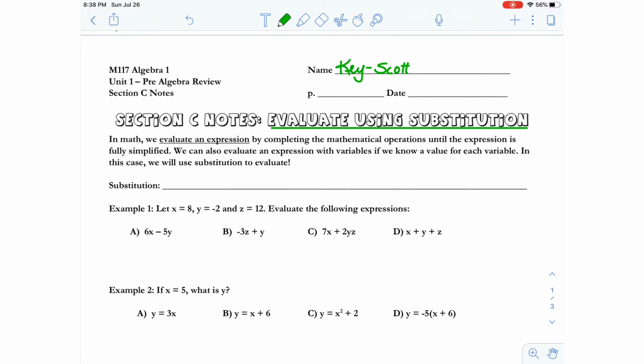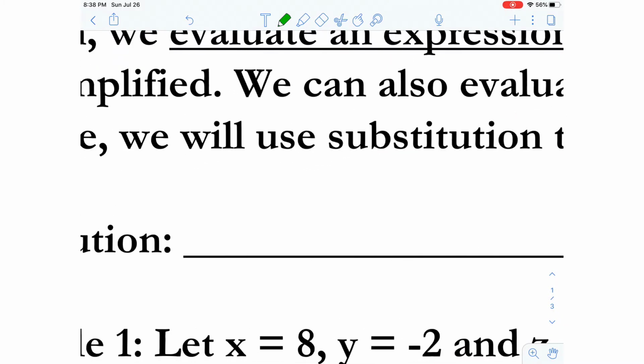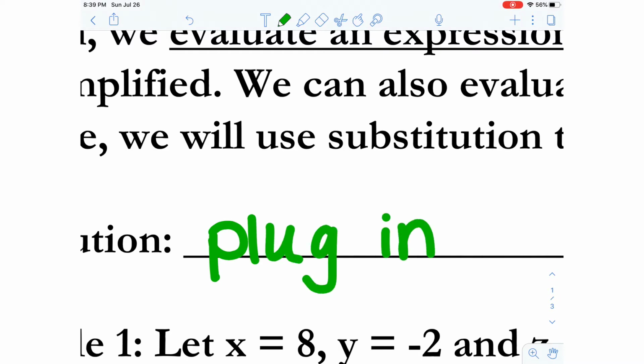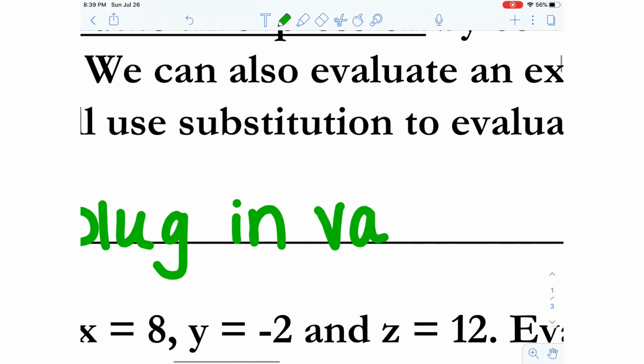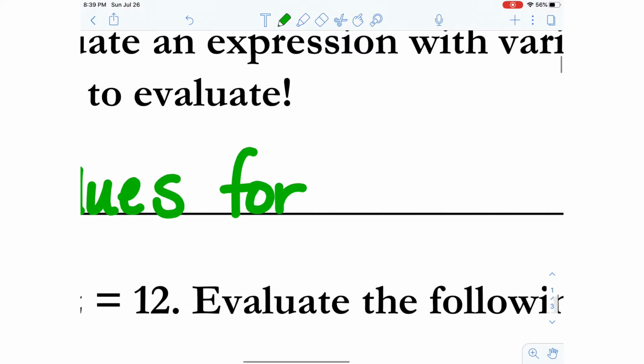That's what we're doing today. In this case, we call it substitution. Substitution is just a really fancy way of saying plugging in. So we are going to plug in values for variables and evaluate.